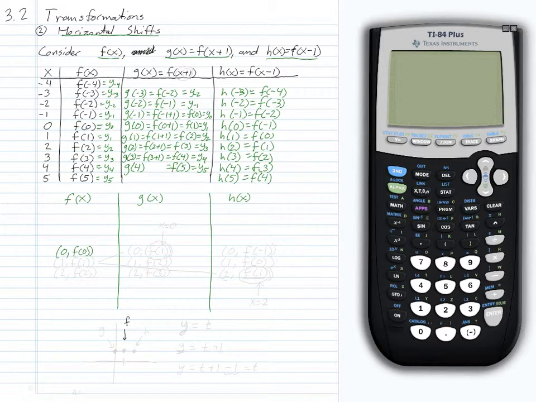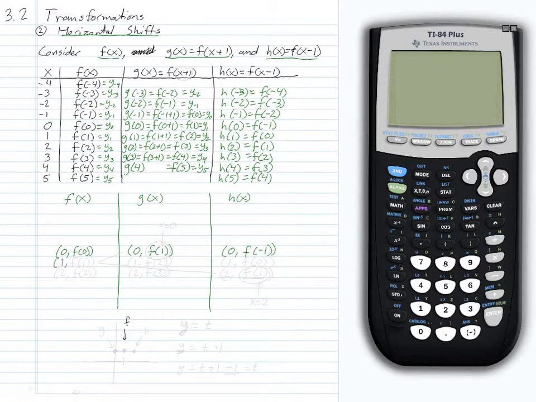If x is 0 and we plug it into the function g, we get f of 1. If x is 0 and we plug it into the function h of x, we get f of -1.